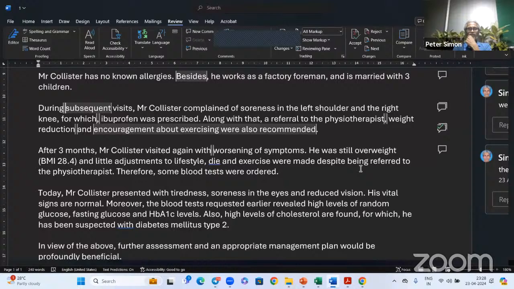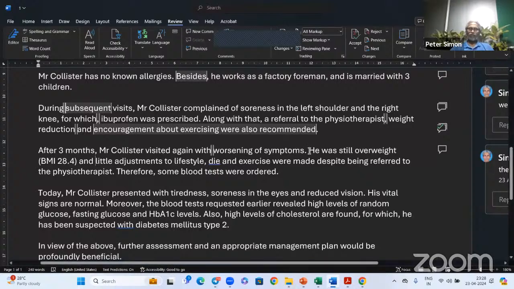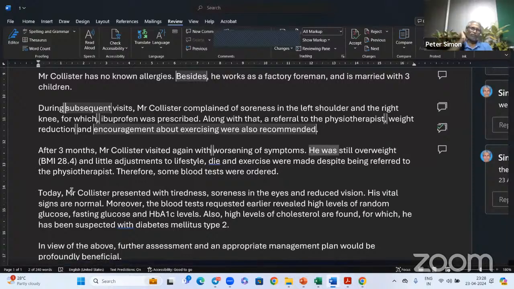And little adjustments. What is the meaning? He was is the subject and verb, which will go for both. He was still overweight. Okay, that's correct. He was little adjustments to lifestyle. How does it suit? He was is a common subject.